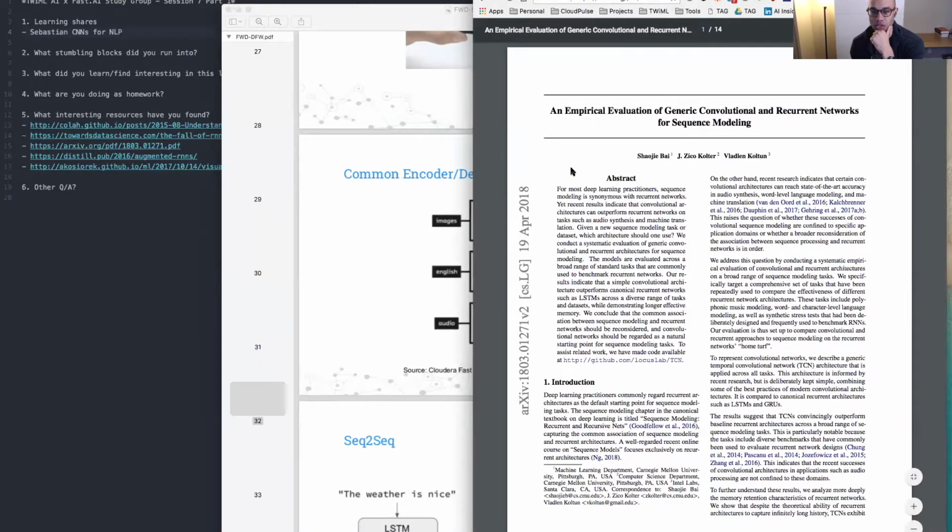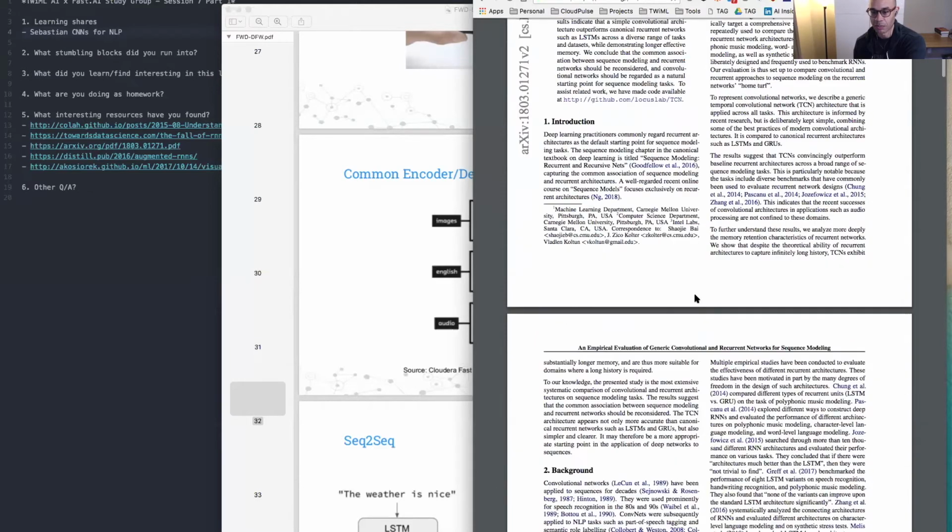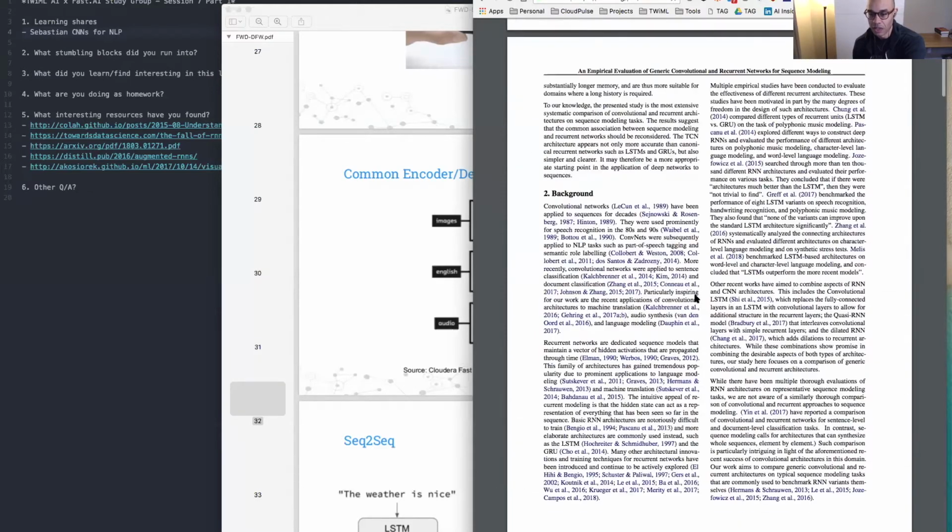it's referring to, I think it came out around the time of this paper, which Mahesh shared in Slack that Andrej Karpathy was tweeting about recently. So this is a paper that I want to take a look at. It basically is trying to evaluate using convolutions versus RNNs for different types of sequential tasks.